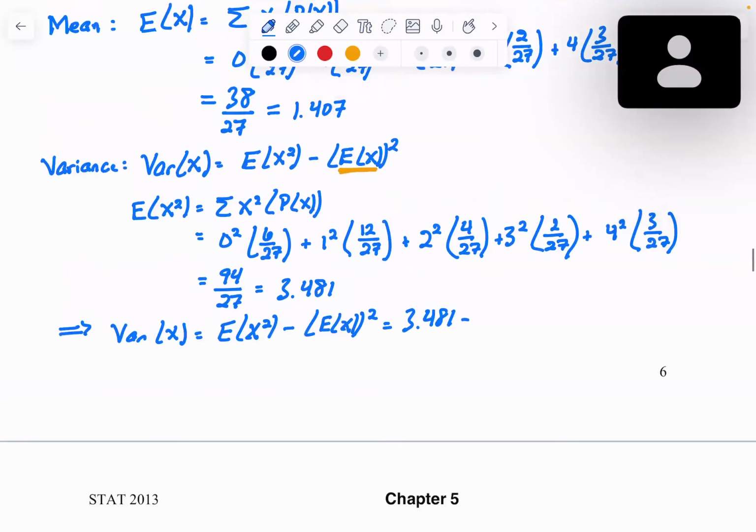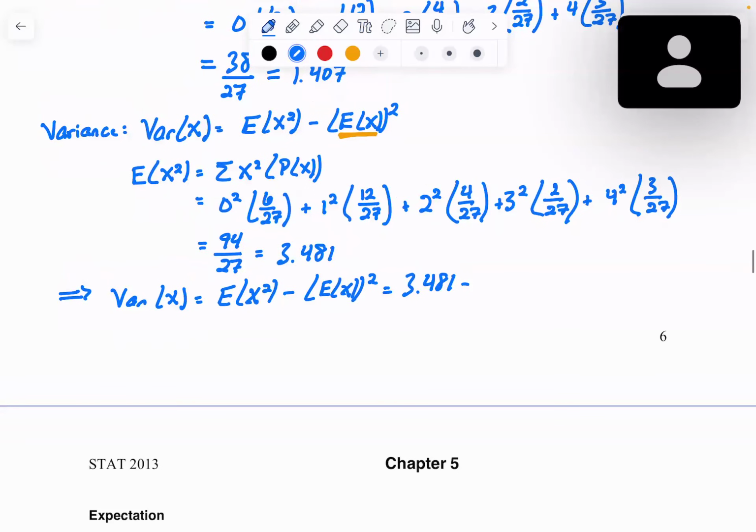And the expected value of x is just 1.407, squared. So when I take that difference, what do I get? $1.501 is correct.